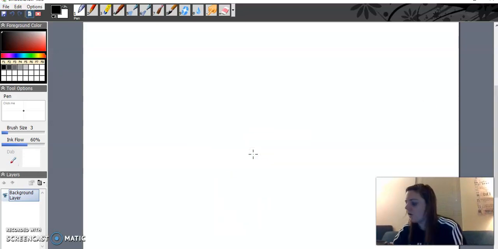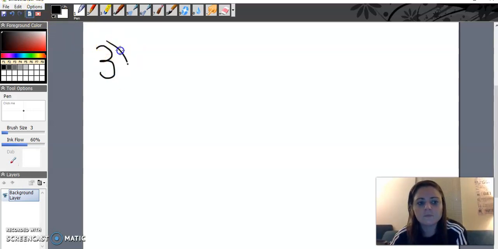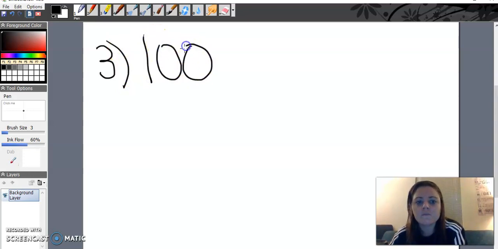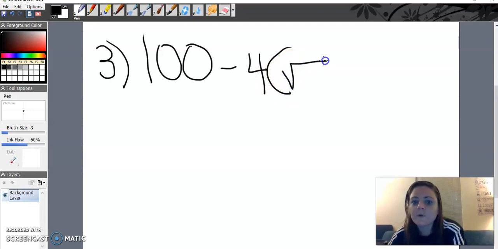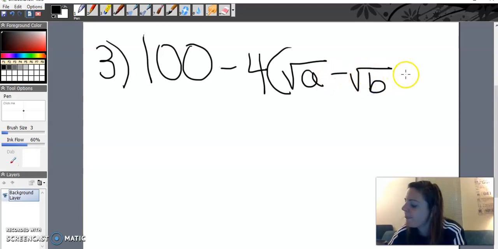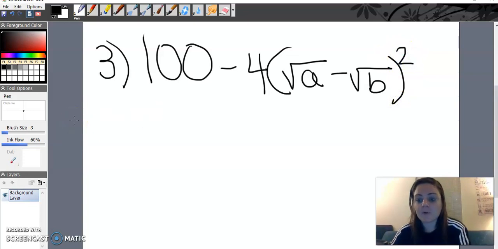Okay, so our third problem for today is 100 minus 4 parentheses the square root of a minus the square root of b, close parentheses, squared. So that's our problem, and it'll say if or when.